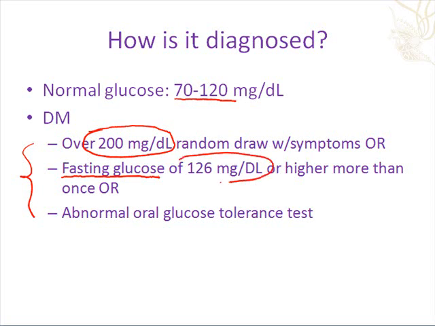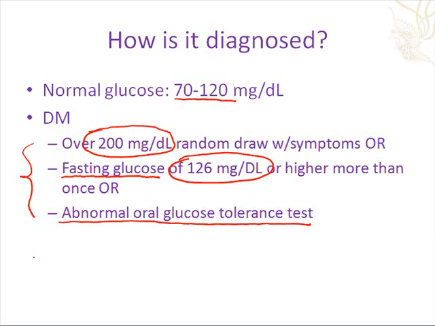If they have a value of 126 milligrams or higher more than once, or there's also something called an abnormal oral glucose tolerance test, which I'm not going to go into, but if they get an abnormal value for their oral glucose tolerance test, that can also be indicative of diabetes mellitus.